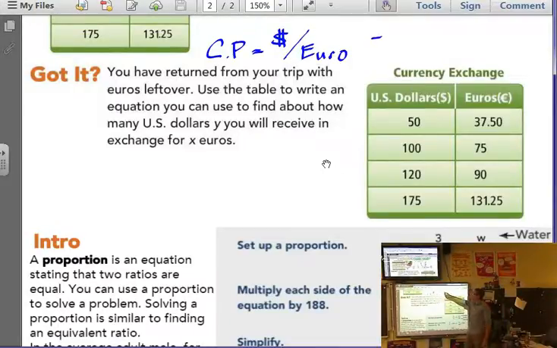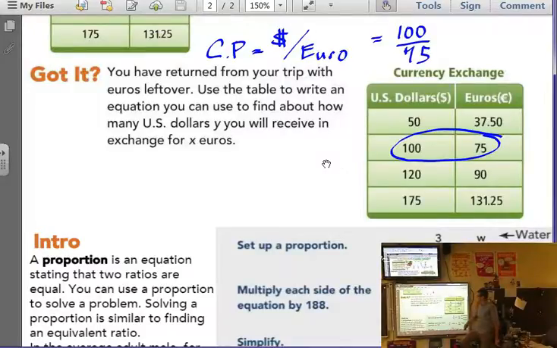So now I set this up the other way around, and it's 100 divided by 75 if I use this one again. Would my answer be right for this one? Is it 4/3? Or 1.33 repeating forever, or 1 1/3?